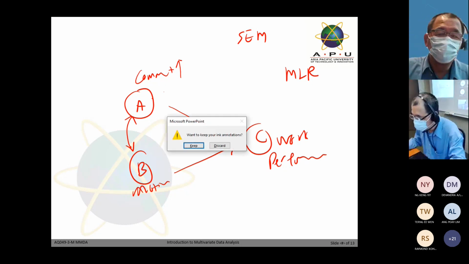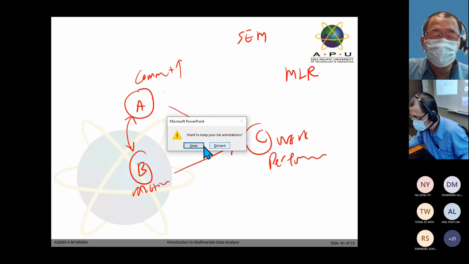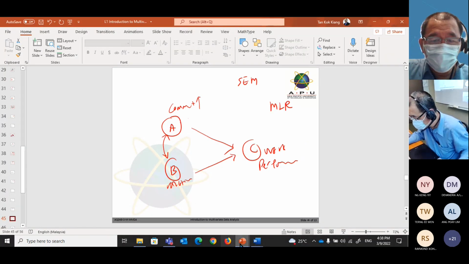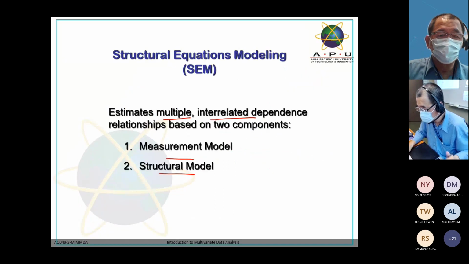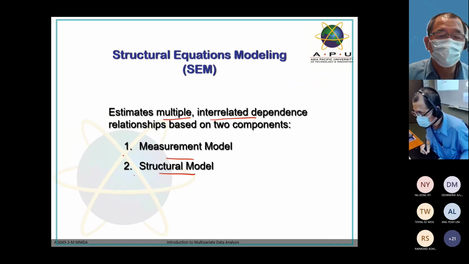Any question so far? This diagram can be used to discuss the structural model.